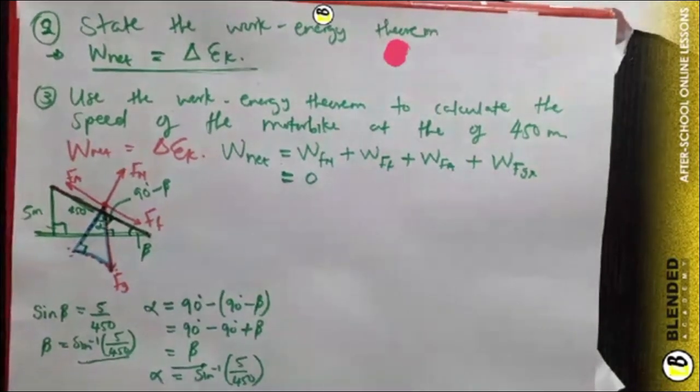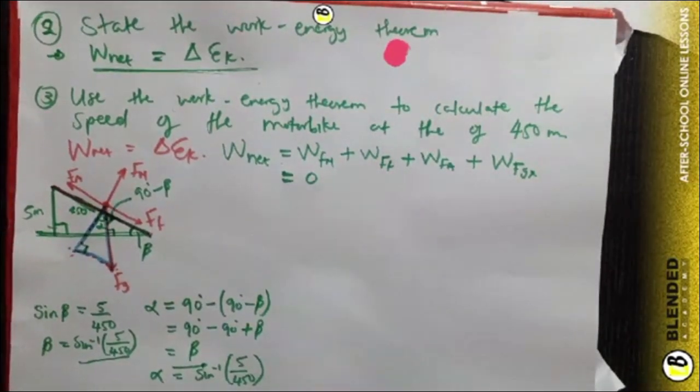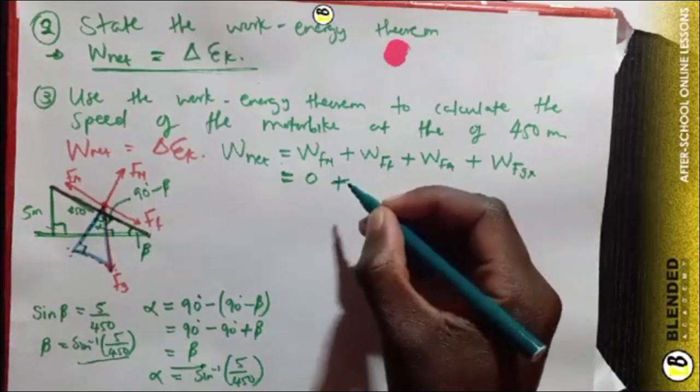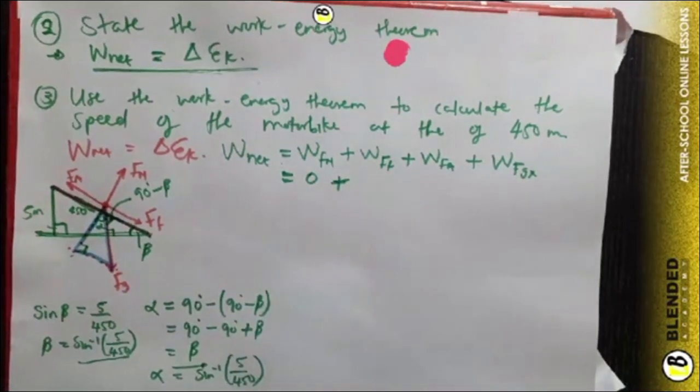So the work done by the normal force is 0, because cos 90 degrees is 0. You need to be able to remember that, because it's always acting perpendicular, or most of the time acting perpendicular, to the motion of the object, at 90 degrees. So that's why you're going to get a 0 there, because cos 90 degrees is 0.